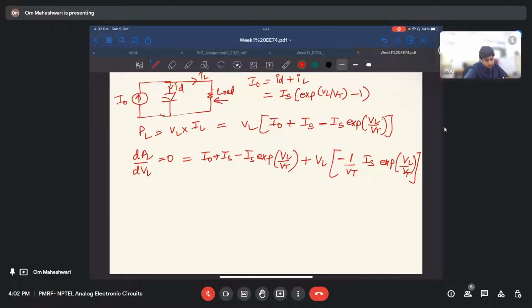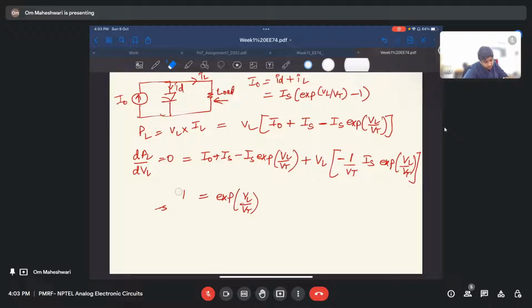Okay, this is fine. Then they are taking IS common. So I naught by IS plus 1 equals to this minus terms on the left side. So EXP VL by VT.